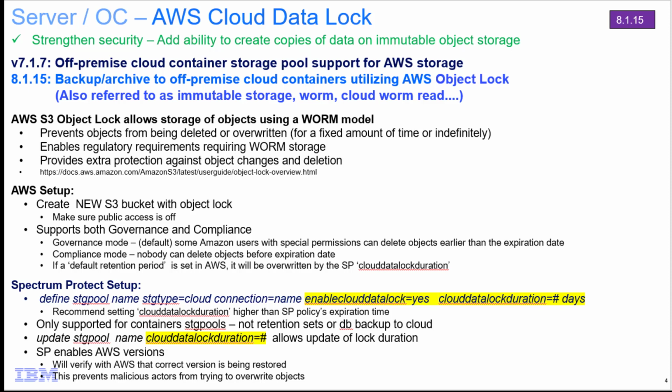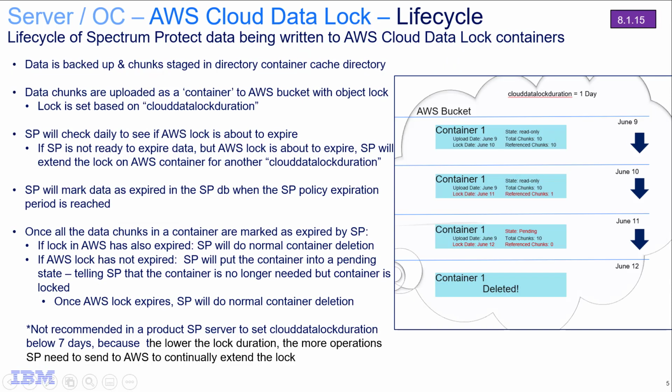As of version 8.1.15, we do not support sending retention sets or Spectrum Protect database backups out to AWS Cloud Data Lock. I'll also walk through how Spectrum Protect interfaces with AWS and what the lifecycle of the data is in the AWS Object Lock buckets.